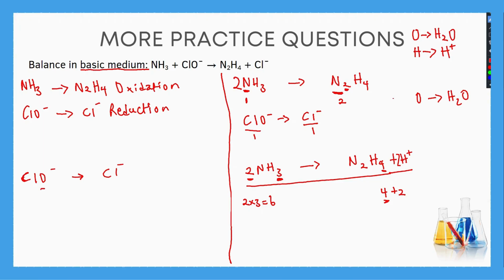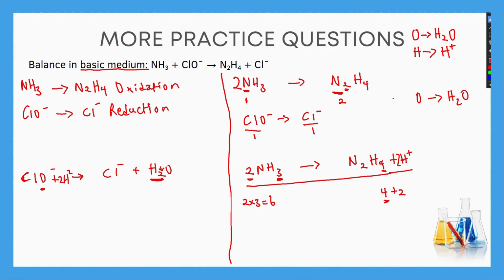Now there is one oxygen atom over here, which means we need to add 1 molecule of water to balance oxygen. Now we just introduced some hydrogen atoms to the right hand side when we added a water molecule. How many hydrogen atoms? 2, because of the subscript of 2 over here. So that tells us that we need to add 2 hydrogen ions to the other side to balance it.